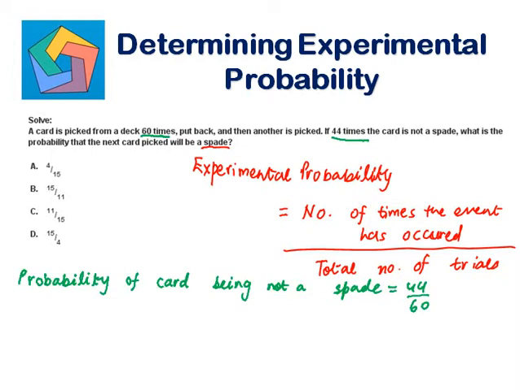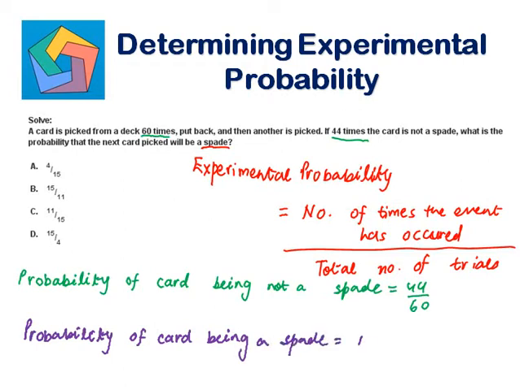And as we know, for any event the total probability is 1. So if I want to calculate the probability of the card being a spade, I can subtract the probability of being not a spade from 1. So let us do that. Probability of the card being a spade equals 1 minus 44 by 60.